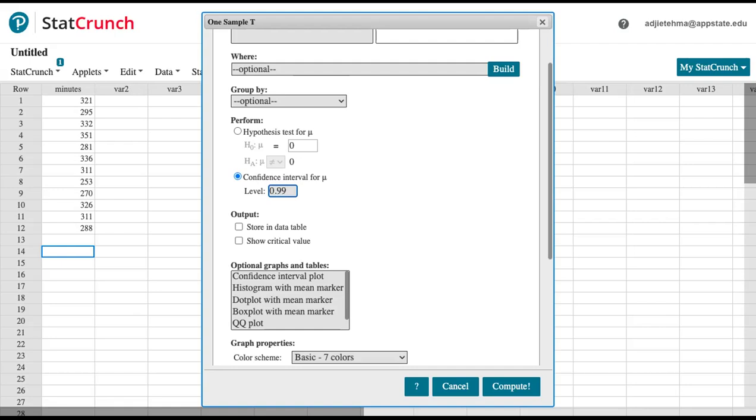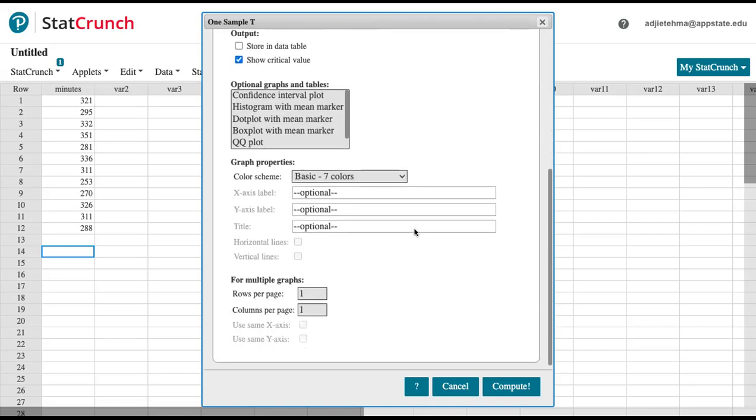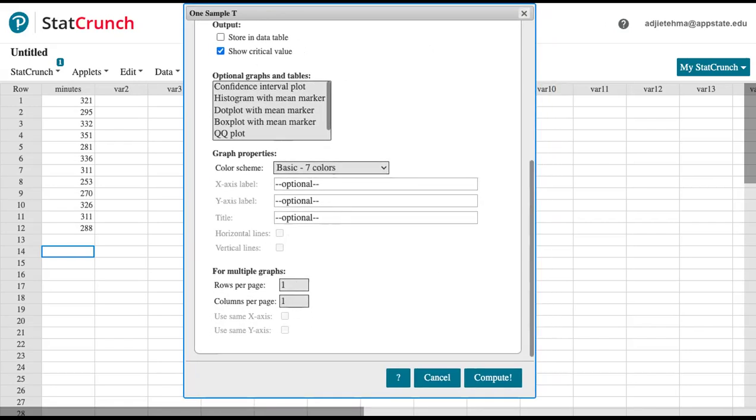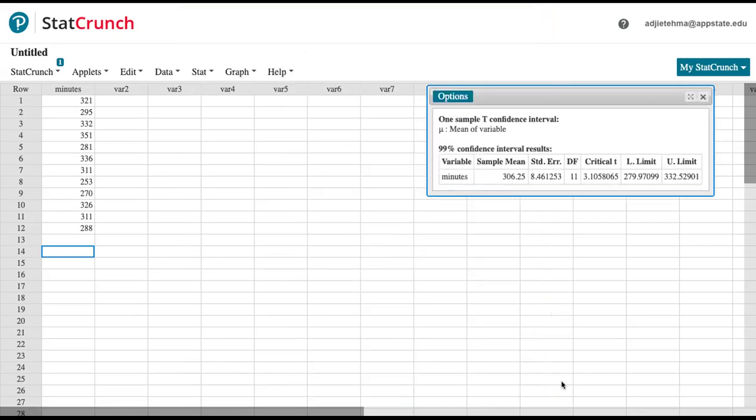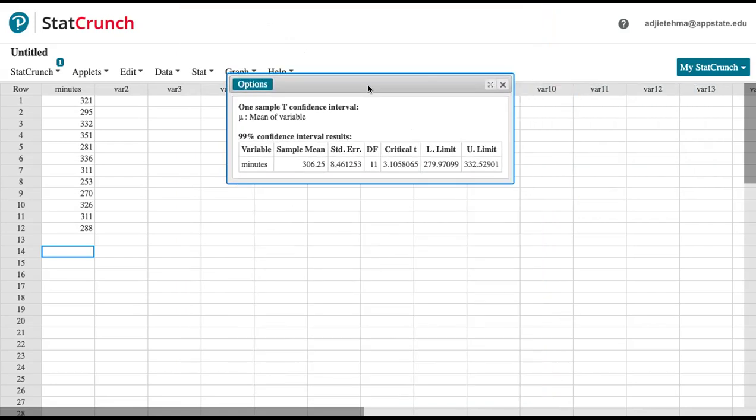Is that okay? Then we want to show the critical value. And then I hit compute. So you can see when you do that, it gives you the lower limit and then the upper limit.